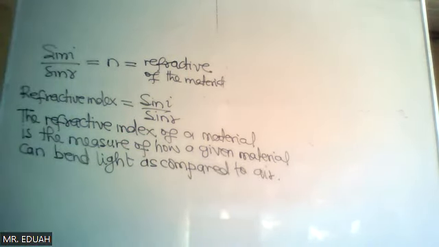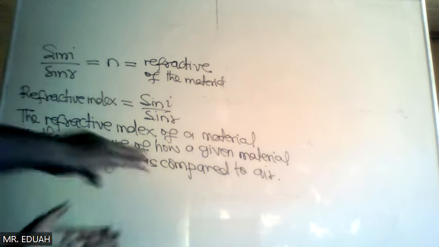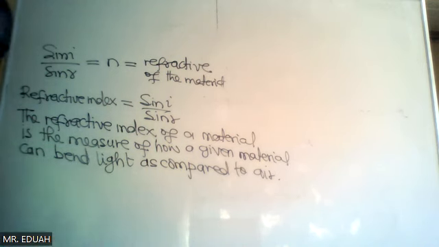So if you take glass, for instance, we are looking at the ability of glass to bend the path of light incident on it compared to how air does it. Class, are you with me?